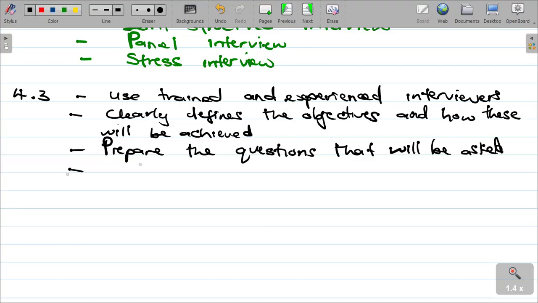And also ensure that the candidate has a clear understanding of the requirements.